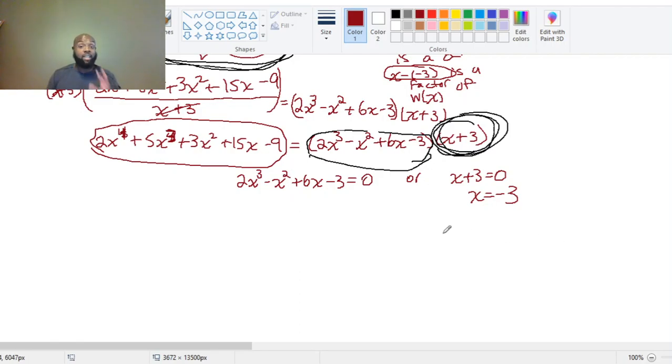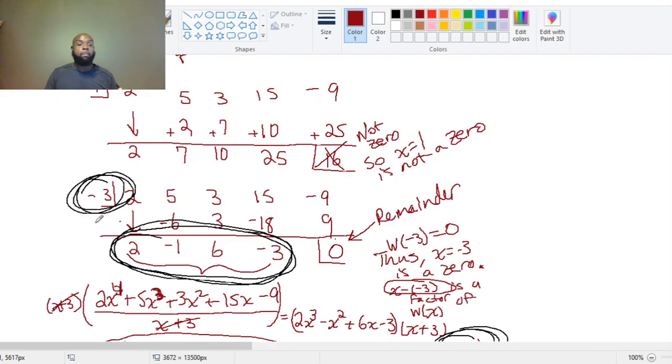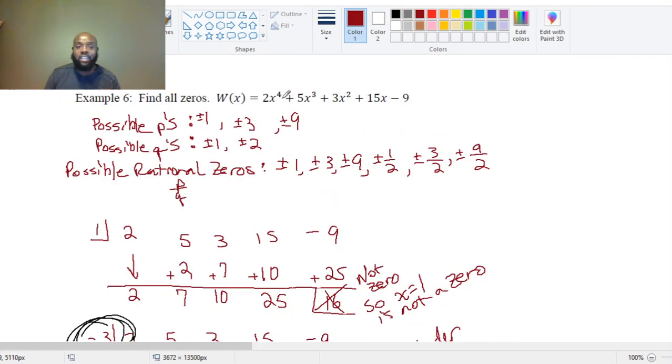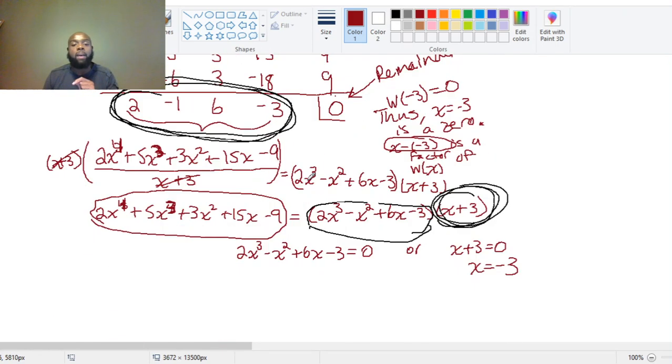But what I was trying to say before I caught that error, and so remember, I make mistakes too, was that once we find that one number is a zero or it divides evenly into a polynomial, then when we try to find our other zeros, we're going to use the quotient. And my quotient is 1 degree less than my dividend. So I should have known at that point that this is going to be a third degree polynomial.